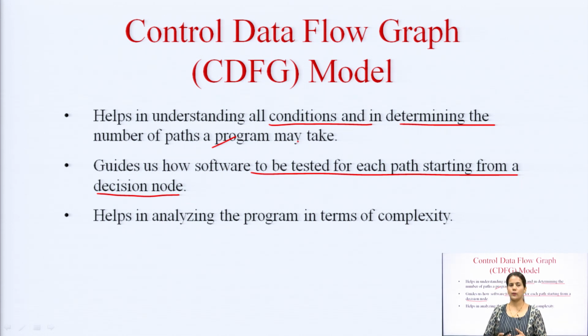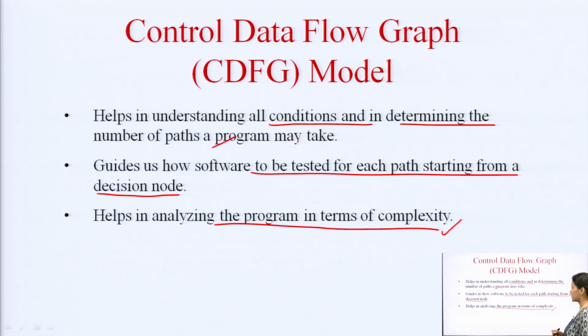It also helps in analyzing the program in terms of complexity. So, from time to time we can analyze the complexity of the system depending upon the test conditions. So, it is useful in that case also.